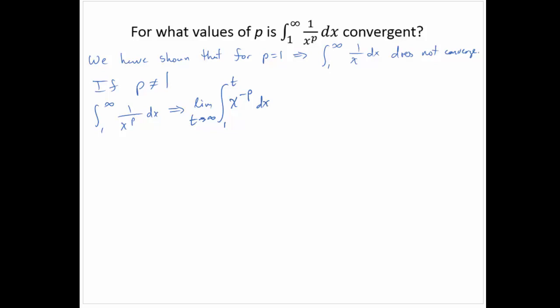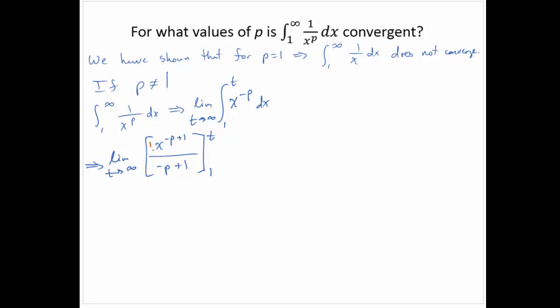All right, so we have x to a power, and since we've now said that p is not 1, we can evaluate this integral. We can find this antiderivative, and so that would then be the limit as t approaches infinity of x to the negative p plus 1 over negative p plus 1, evaluated from 1 to t.